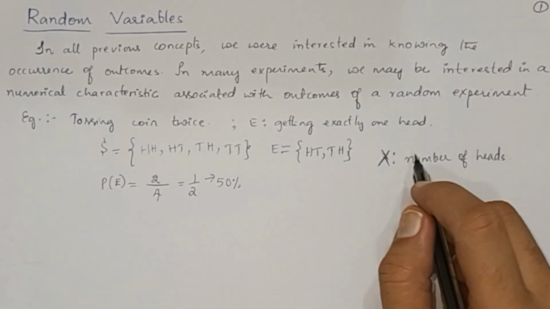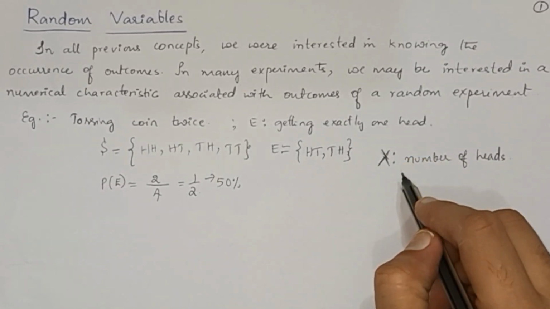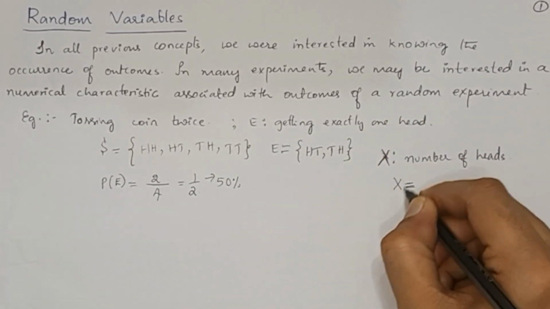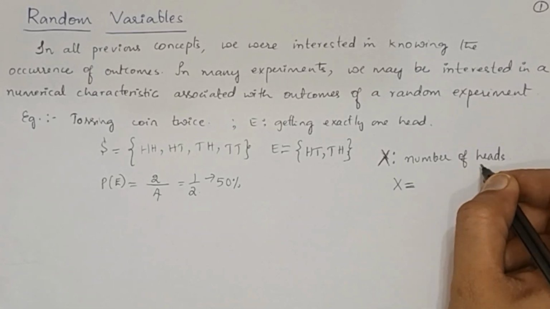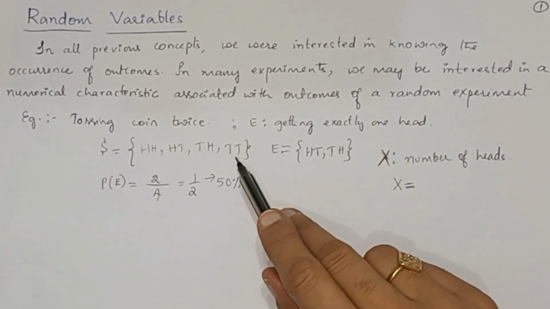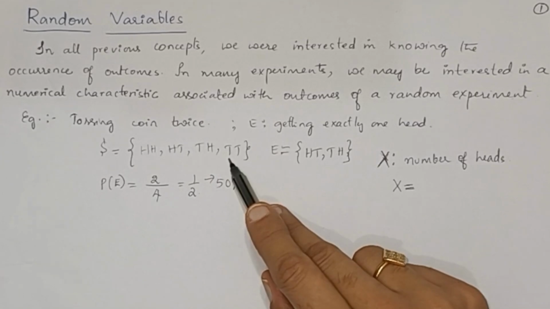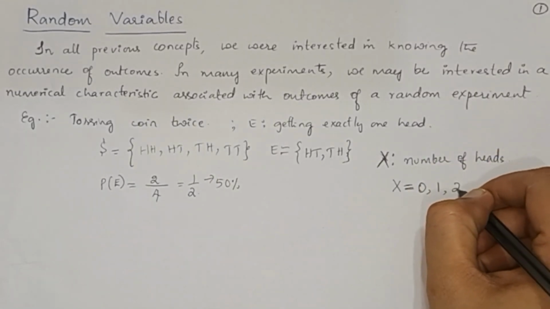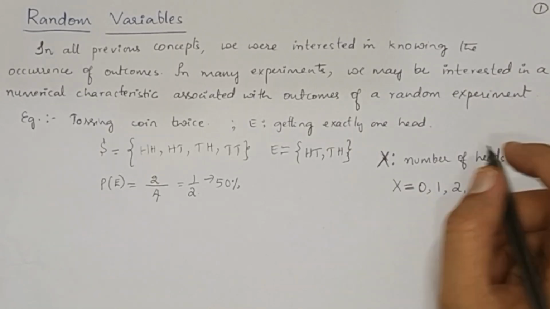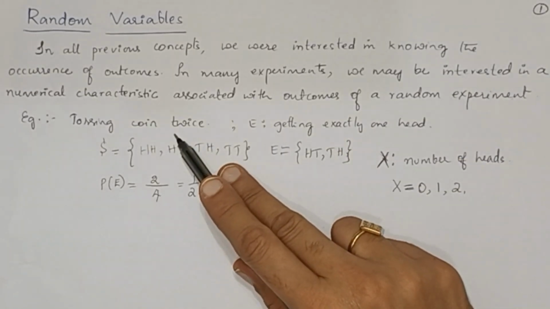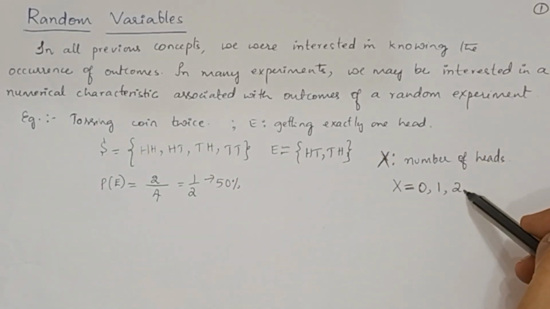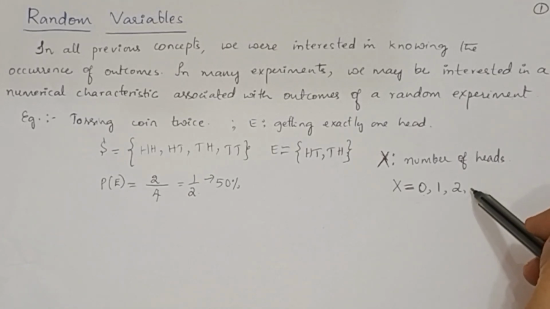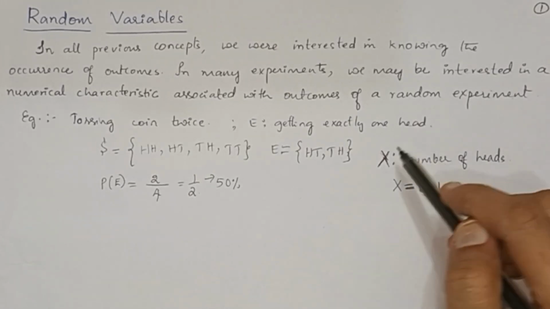You have to count how many heads you can get when you toss a coin twice. You may not get even a single head, so that is 0. Then you may get one head. Maximum you will get two heads, not more than two, because we are tossing a coin twice. So the maximum is two heads and the minimum is no heads, that is 0. These are the possible values we can assign to the variable.